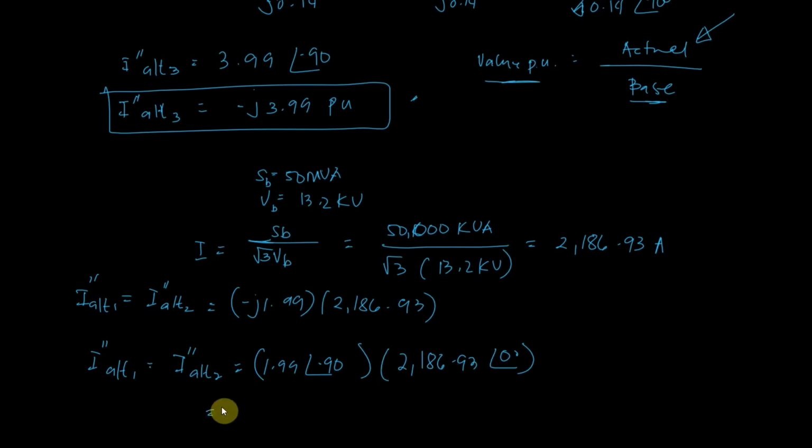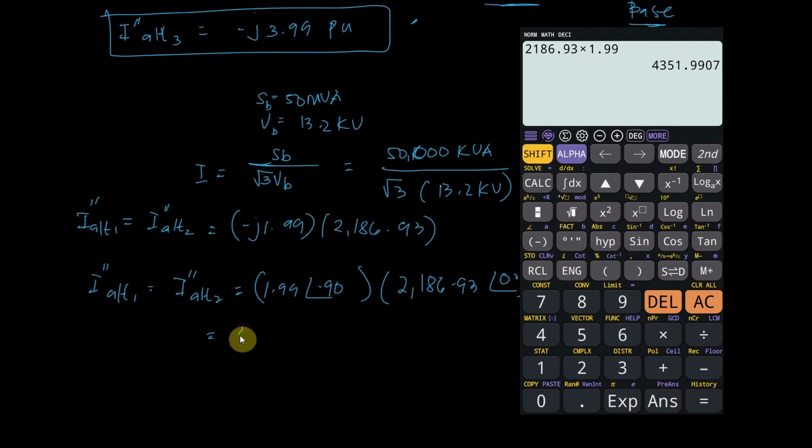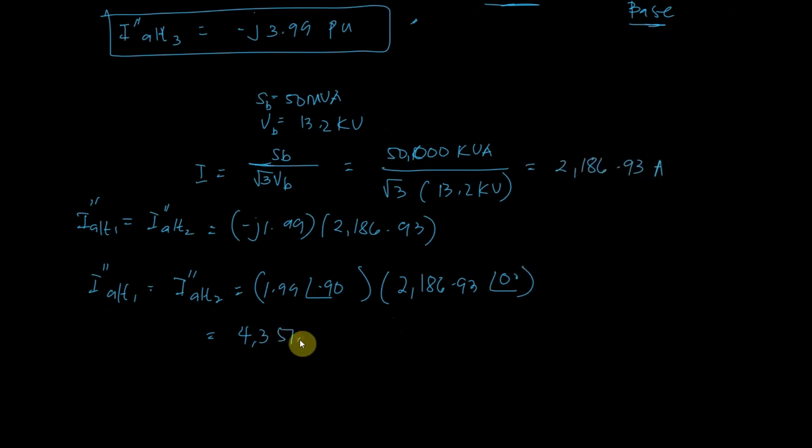So, lalabas dyan is 4,351.99 cis of negative 90 degrees amperes. So, yan yung ating sub-transient sa alternator 1 is equal to sub-transient current din sa ating alternator 2.